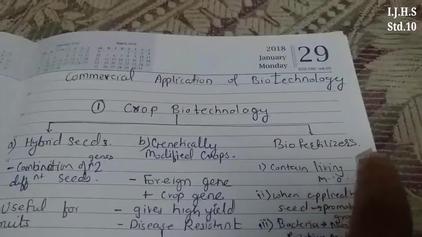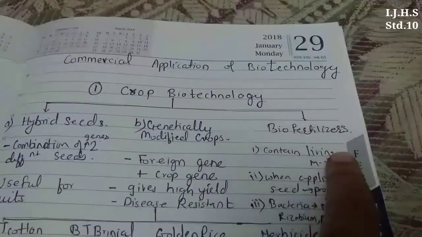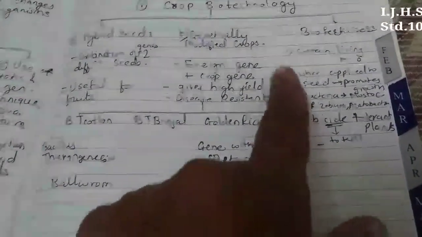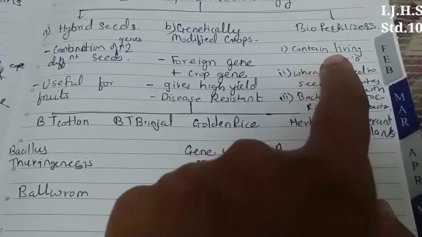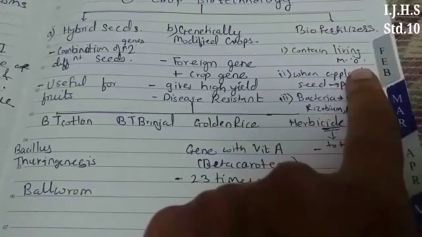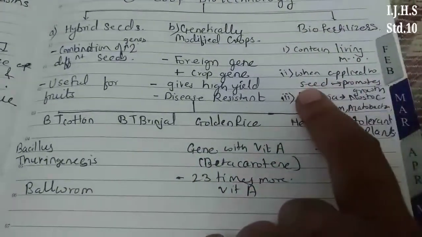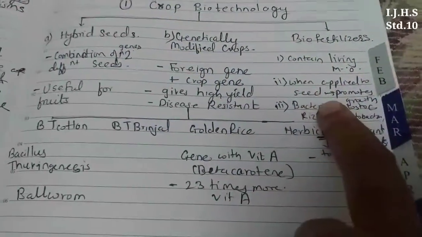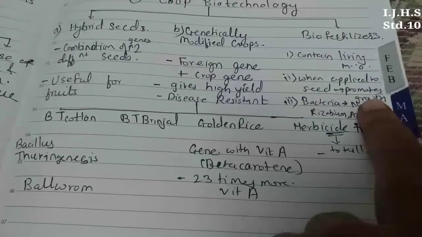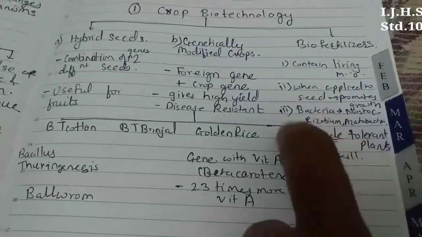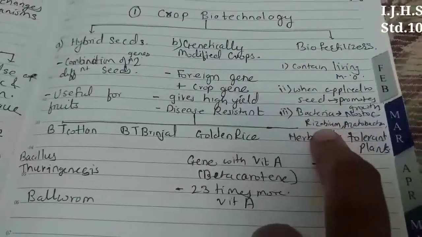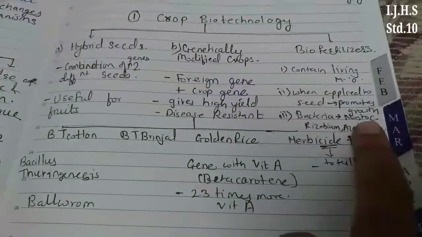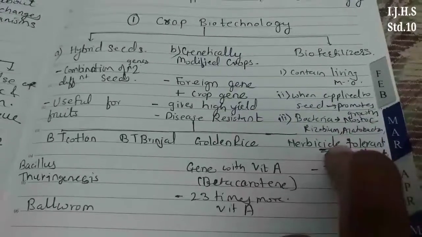Next, third point is biofertilizer. Bio means living organism and fertilizer means to enhance the growth of plant. So the biofertilizer, which contains living microorganisms, when applied to the seed, promotes the growth of those crop plants. Remember children, you might have heard about the leguminous plant which contains the bacteria called rhizobium. What is the function of that rhizobium bacteria? Yes, rhizobium, azotobacter, nostoc. What is the role of those bacteria?